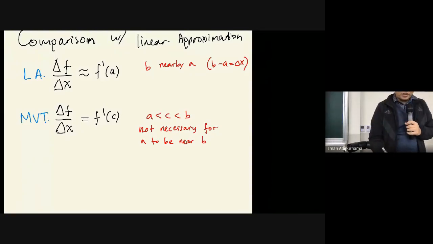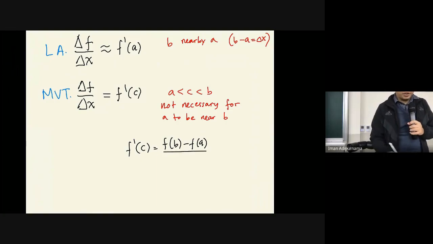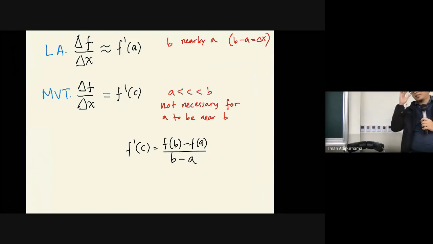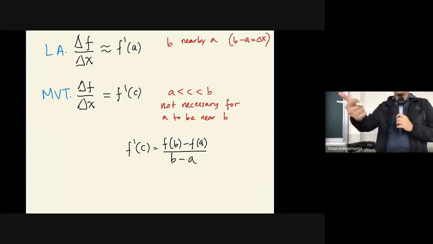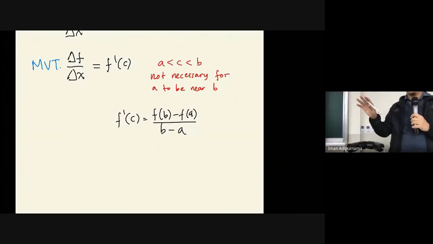And let me write the expression one more time here. f prime c is f of b minus f of a divided by b minus a. Based on our case, the average velocity and average speed, the mean value theorem is in the middle ground, right?